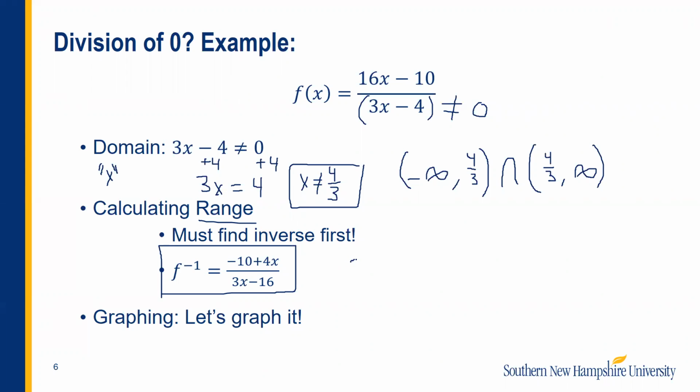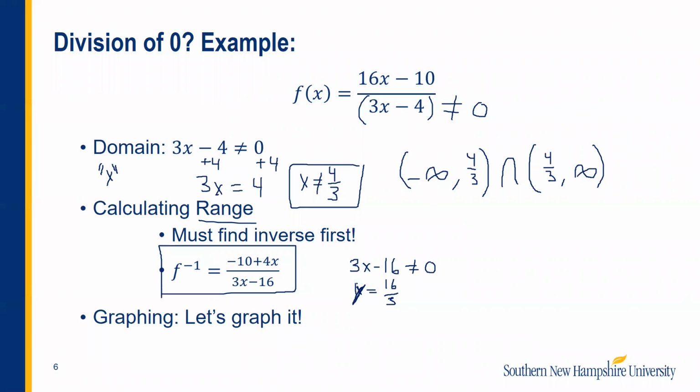And now that we have the inverse of the function, we have to think, well, what does this tell us? And so looking at this, we have 3x minus 16 can never equal 0. And if we add our 16 and divide by 3, we see that x cannot be 16/3. But since this is the inverse, we could say y cannot be 16/3.